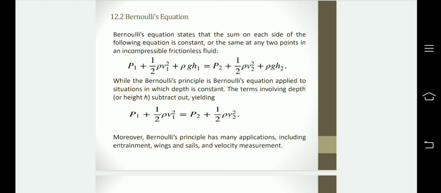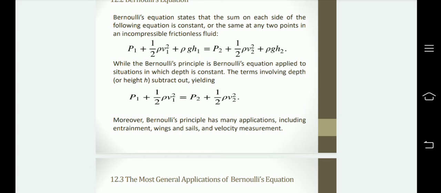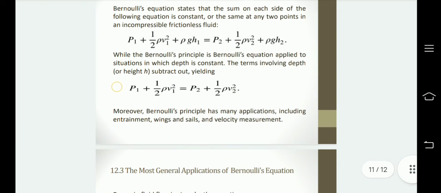Situations in which fluid flows at a constant depth are so important that this equation is often called Bernoulli's principle. It is Bernoulli's equation for fluids at constant depth. So in Bernoulli's principle, the terms involving depth or height subtract out from Bernoulli's equation. So this is the formula. So this is the result in Bernoulli's principle.